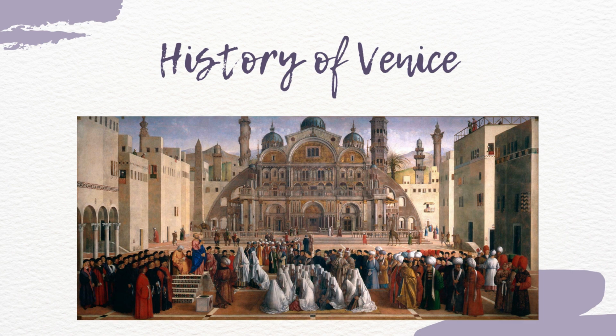And he decided that he wanted to reestablish the city of Ravenna, which is maybe an hour and a half south of Venice, as the territorial capital of his newly reacquired territory of the Western Roman Empire.